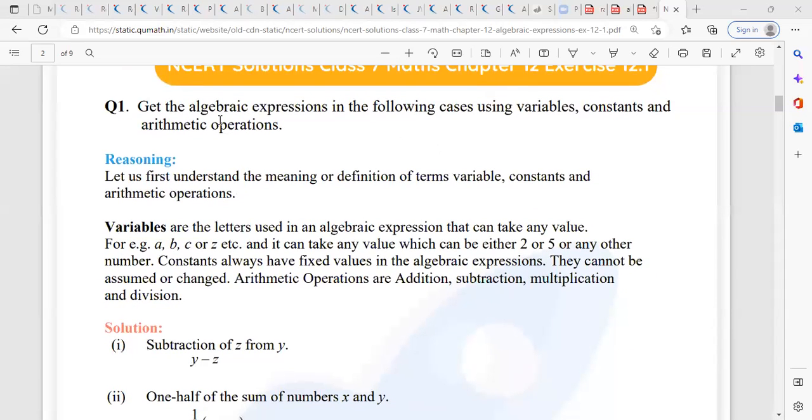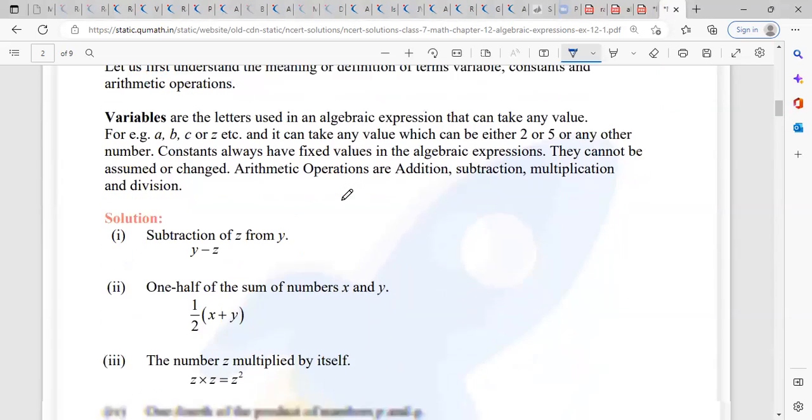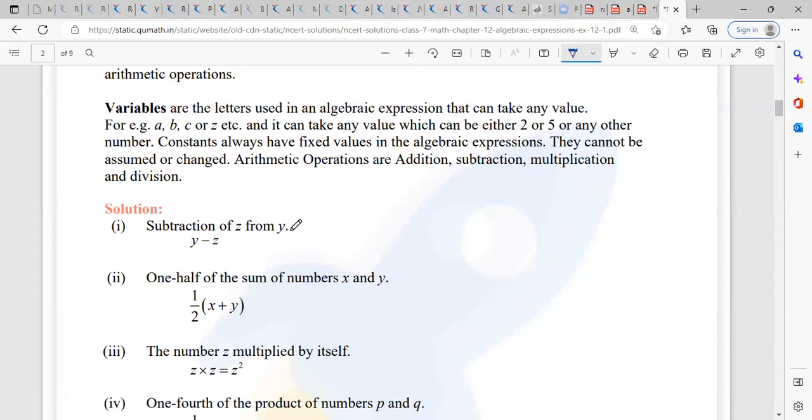Okay, so the first question was you have to get the algebraic expression in the following cases using variable, constant, and arithmetic operation. First was subtracting z from y, so it was very easy, right? Y minus z. Most of the time students don't read what is written.